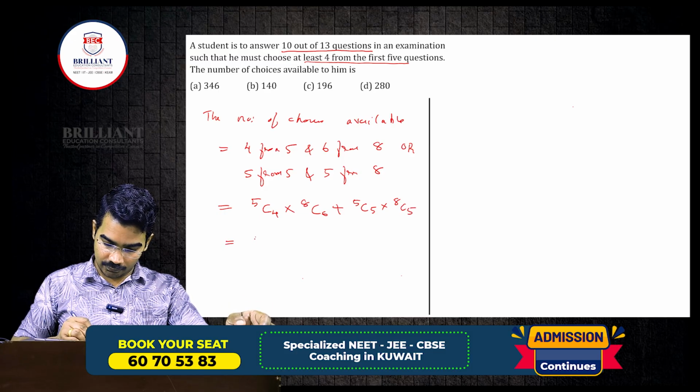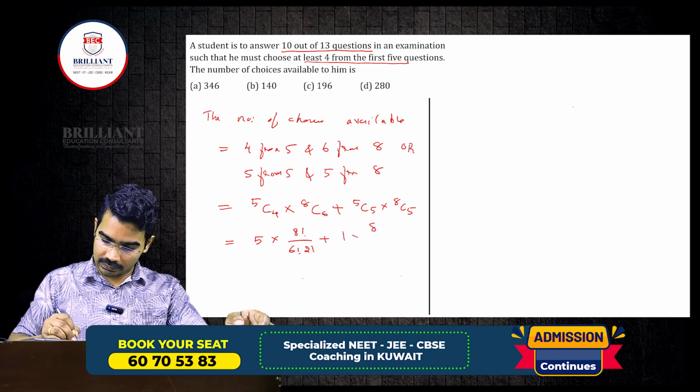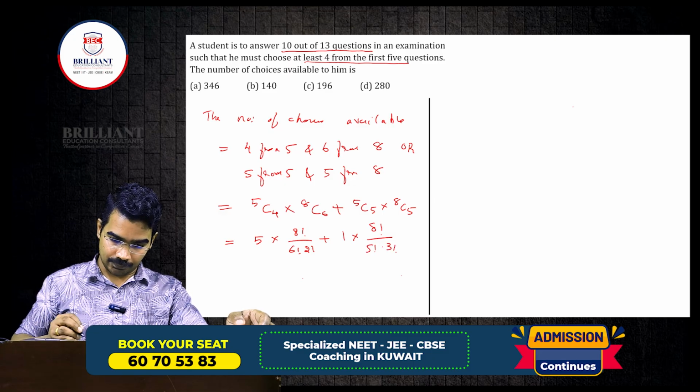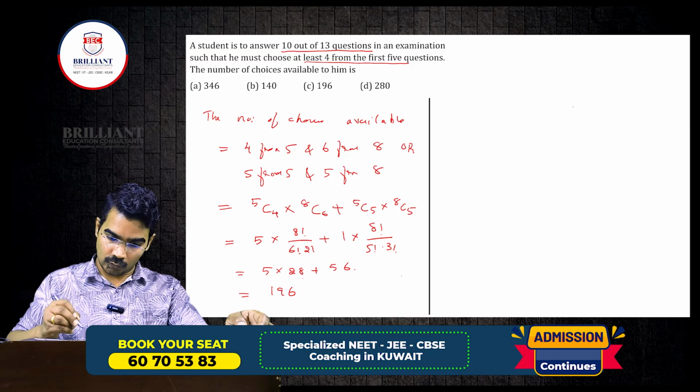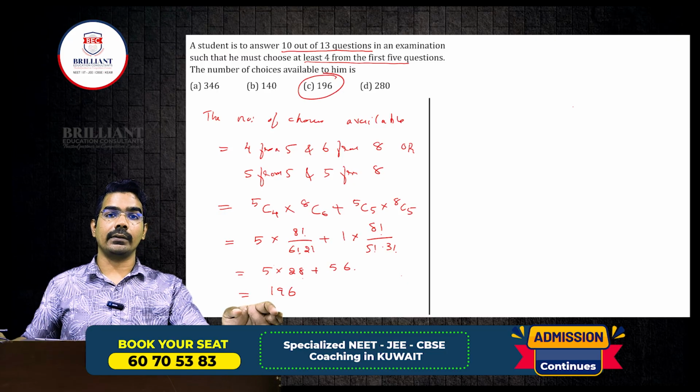So this will be 5 into 8 factorial by 6 factorial into 2 factorial plus 1 into 8 factorial by 5 factorial into 3 factorial. So this will be 5 into 28 plus 56. This will be 196. So C is your right answer.